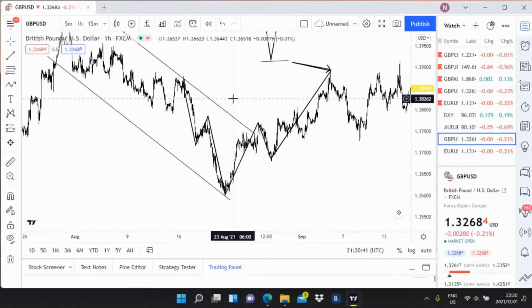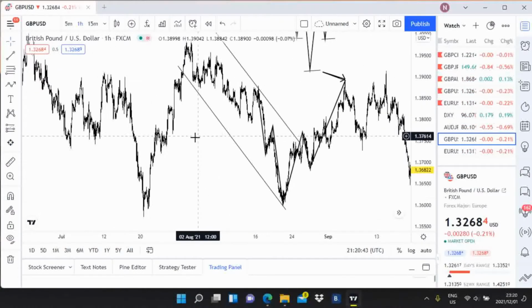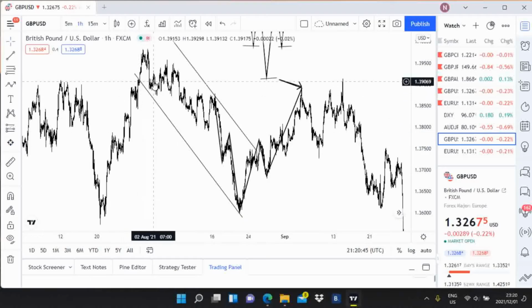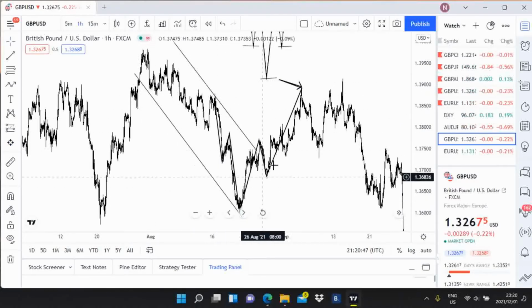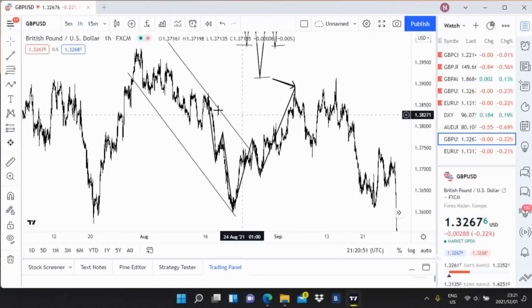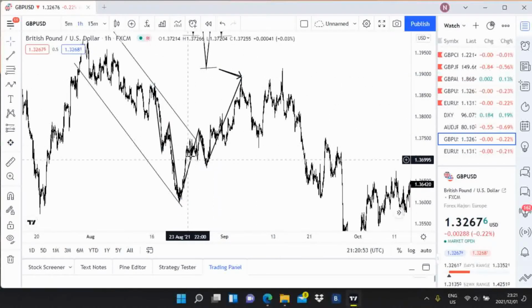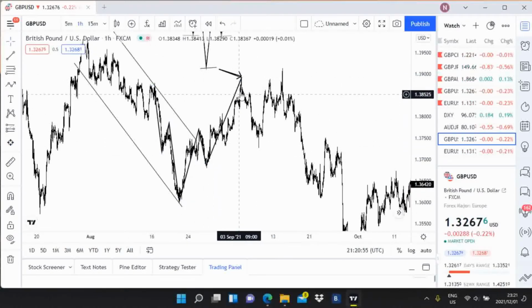So whenever you have a downtrend, you're looking for an inverse head and shoulder to the upside, and whenever you have an uptrend, you're looking for a head and shoulder to the downside.